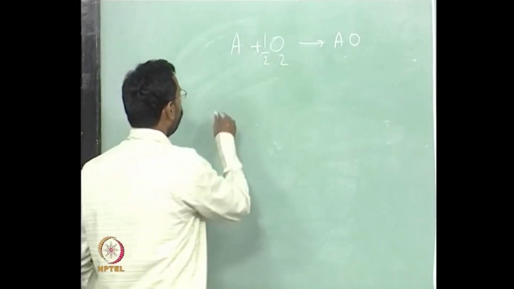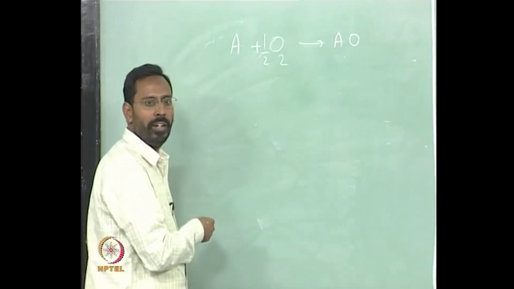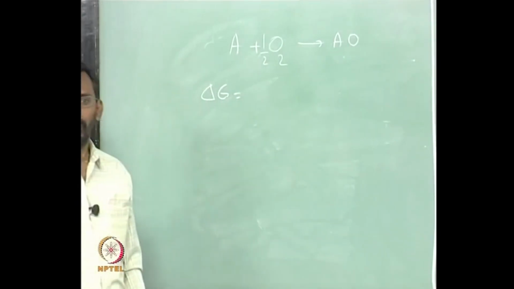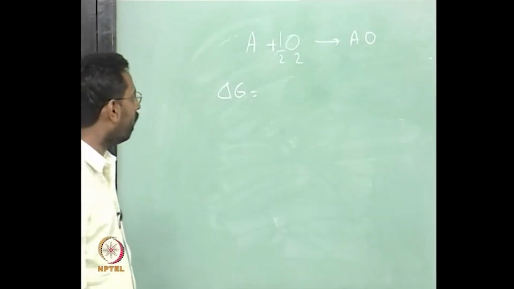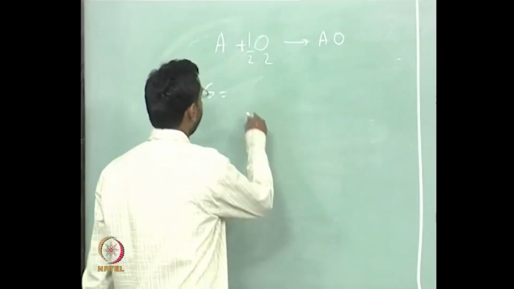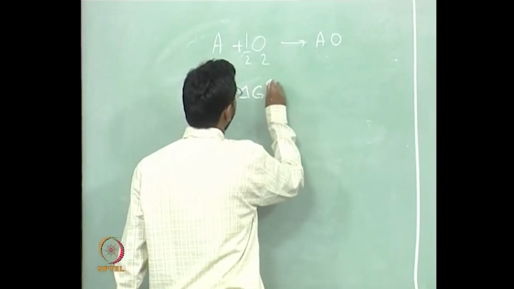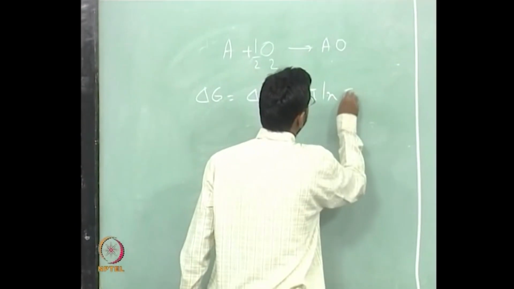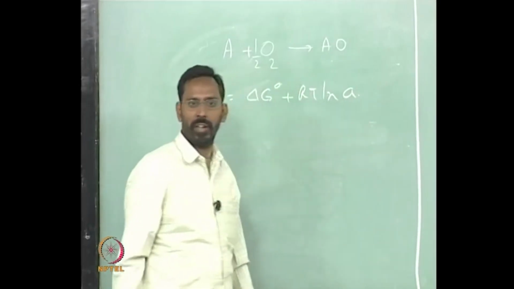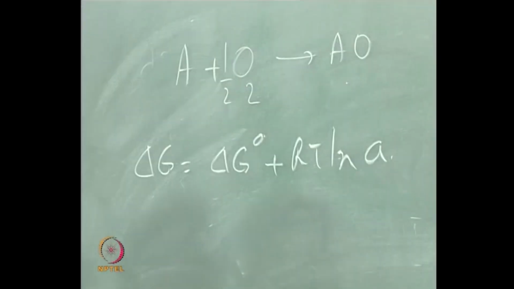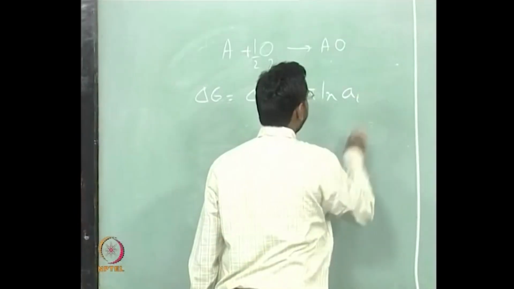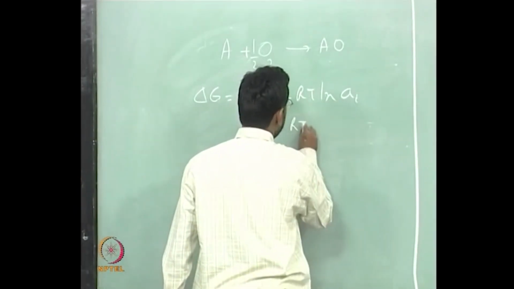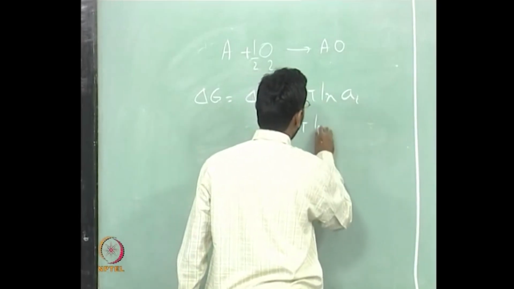In such a case, we can write the delta G of this reaction as delta G naught plus RT ln A of the reaction. And when we say the A of the reaction, you have to take it as the individual activities of each of them.